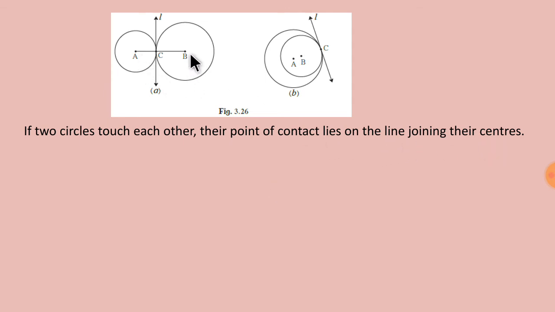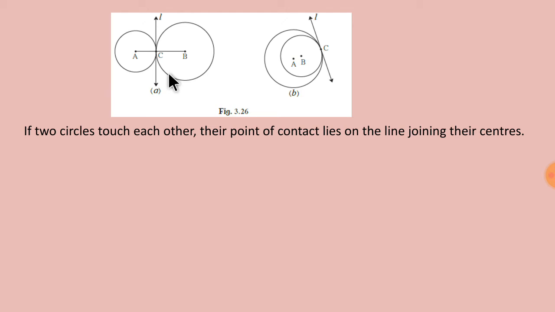A and B are the two centers of circles and AB is the line joining the centers of two circles. AB ही रेषा या दोन्ही वर्तुळाचे केंद्रबिंदू जोडणारी रेषा आहे. And point of contact, that means point C, always lies on the line joining their centers. म्हणजेच दोन वर्तुळांचे केंद्रबिंदू जोडणाऱ्या रेषेवर त्याचा स्पर्शबिंदू असतो.